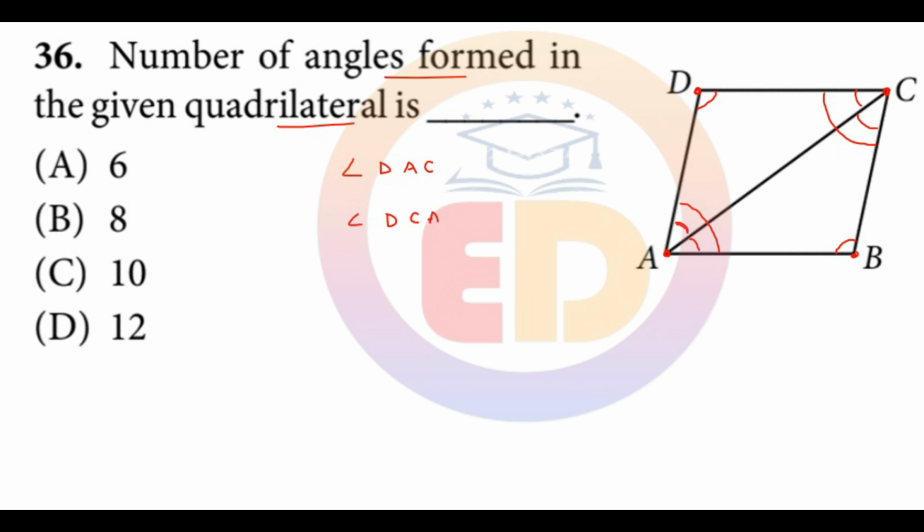This is DAC and this is DCA. Angle ADC, this angle is angle ADC. Angle ABC, angle BAC, angle BCA, angle DAB and angle DCB. So there are a total of 8 angles. Answer is option number B.